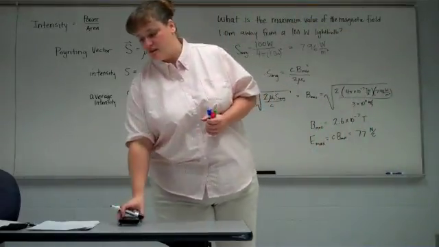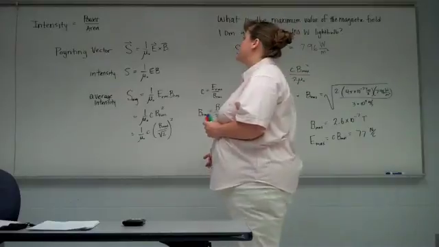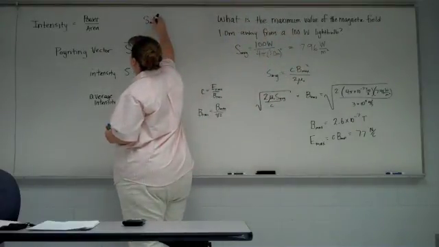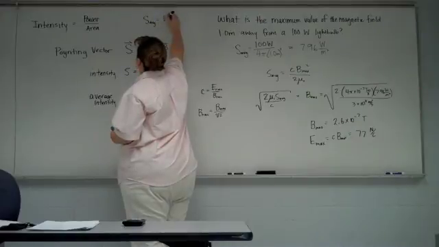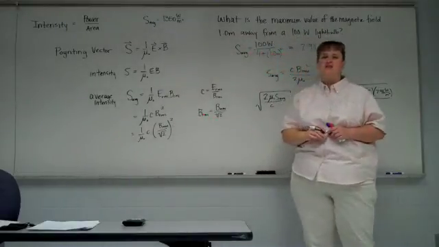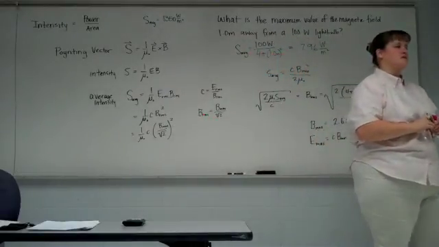The intensity of the sun, approximately at our Earth location, is approximately 1,350 watts per meter squared.